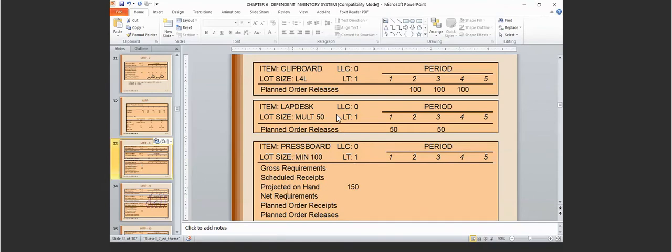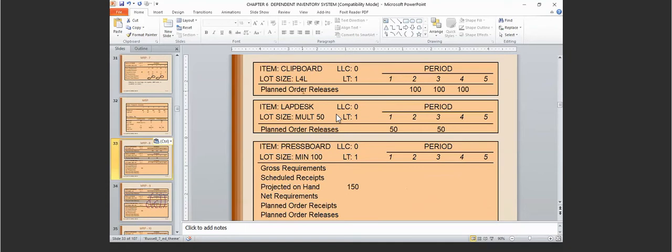To determine the gross requirement quantity for the item fresh board, we need to combine the information of planned order release for the clipboard and lab desk.